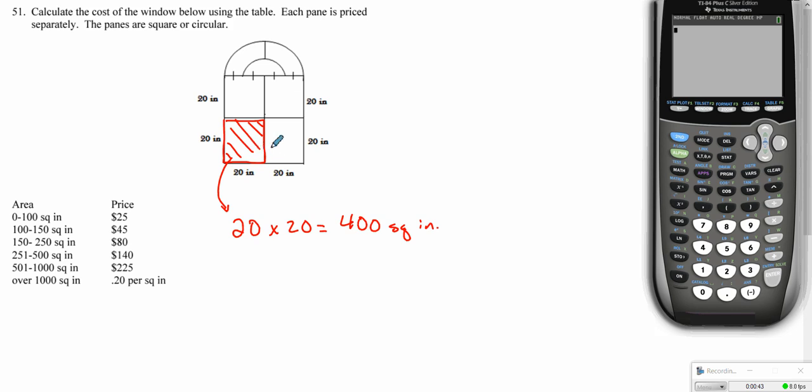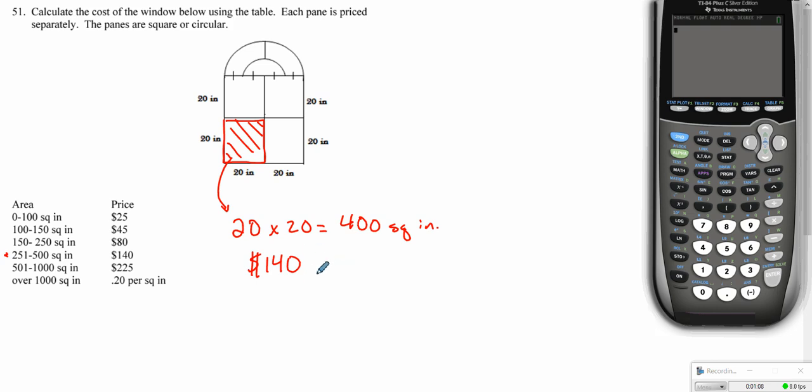But before I just add it up, we have to price this individually first. So first, 400 square inches falls into this category, which means one of these is going to cost $140.